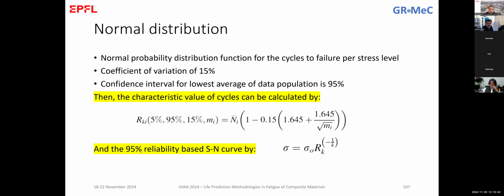And of course, we can use any reliability level. And this characteristic number of cycles can be used instead of the average number of cycles in the typical SN curve to produce the reliability-based SN curve according to this methodology here.